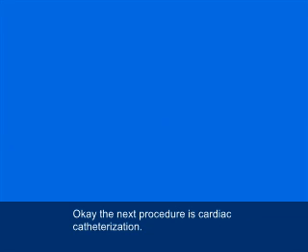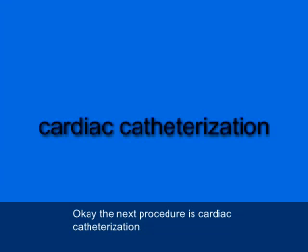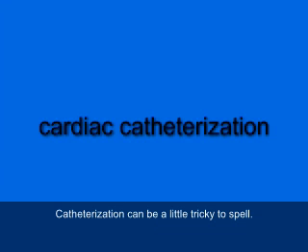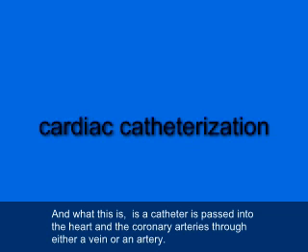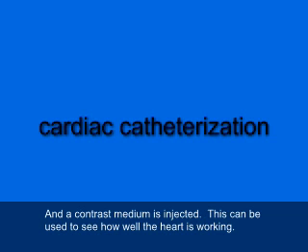Okay, the next procedure is cardiac catheterization. Catheterization can be a little bit tricky to spell. It's composed of catheter, I-Z, and then ation, A-T-I-O-N. What this is, a catheter is passed into the heart and the coronary arteries through either a vein or an artery, and a contrast medium is injected.